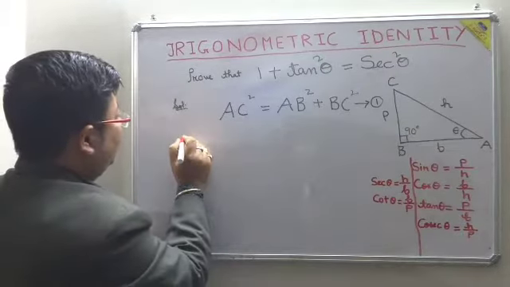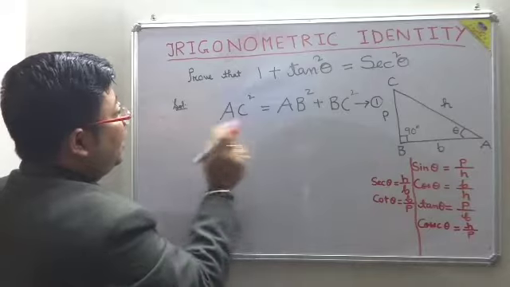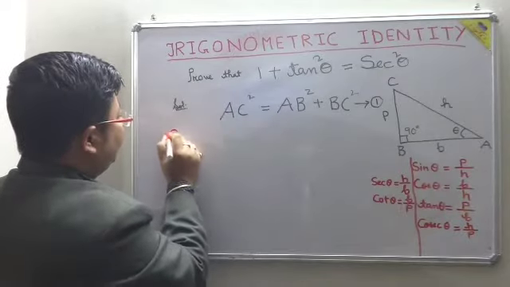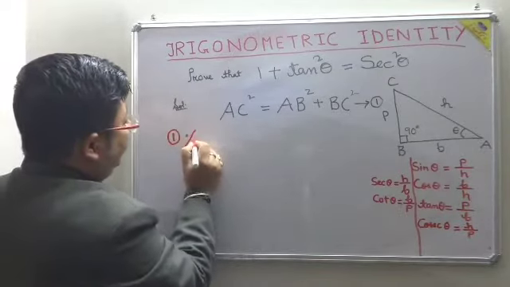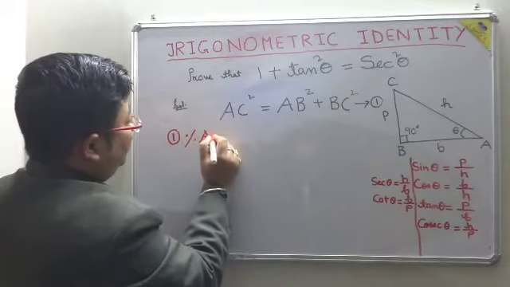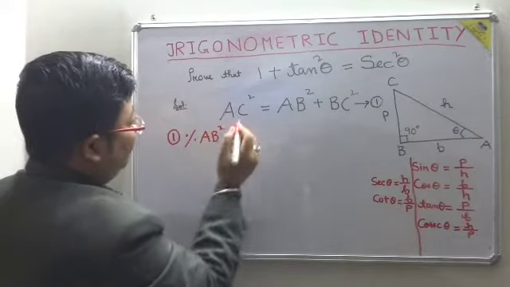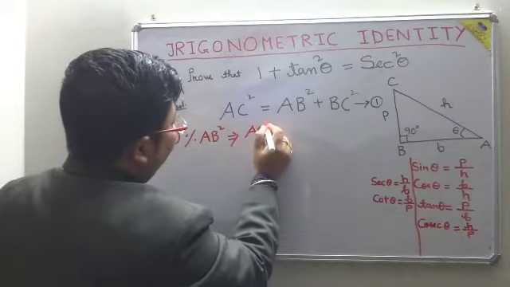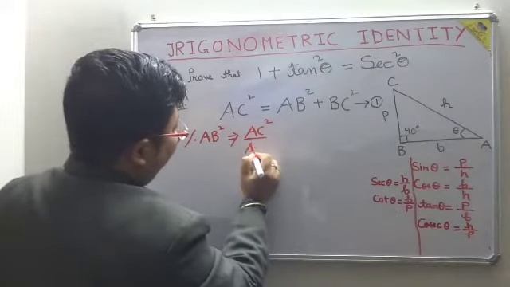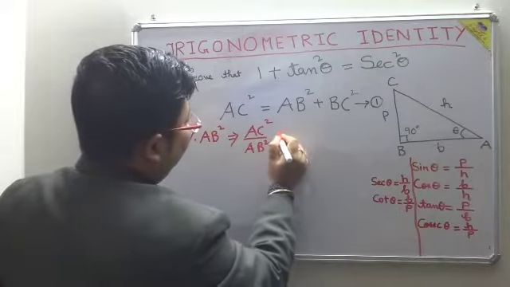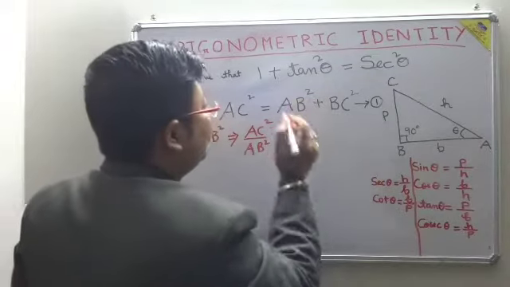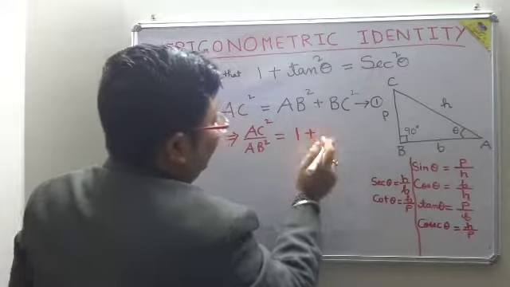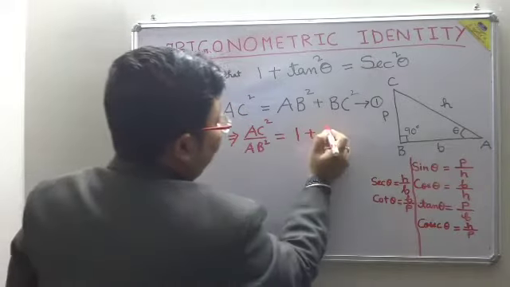So our equation is solved, but I will do it properly for you all. Dividing equation 1 by AB square, we get AC square divided by AB square equal to AB square by AB square, which becomes 1, plus BC square by AB square.